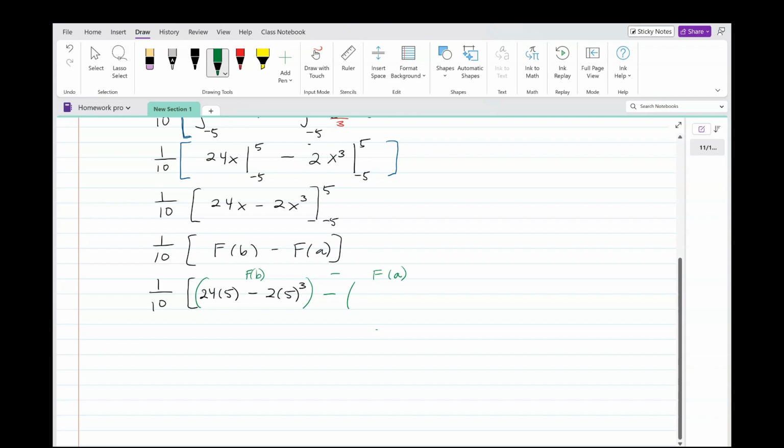And that's going to be 24 times negative 5 minus 2 times negative 5 to the third power. Close that up. All right, let's just work with what we have inside. Starting out with 24 times 5 is going to be 120.